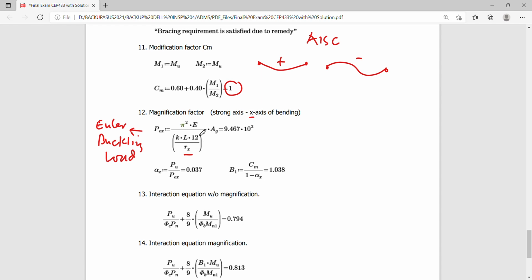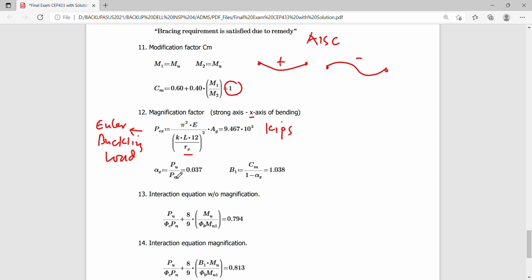This is in ksi, this is in inch, this is in inch and this is in inch, so this will cancel out. Your Pex now will simply be in ksi multiplied by inch squared for the area, gives you now a value of kips.